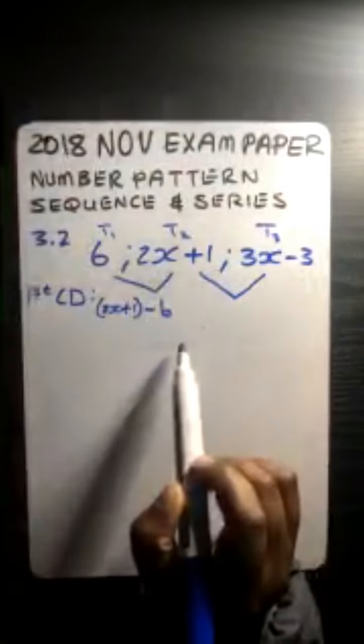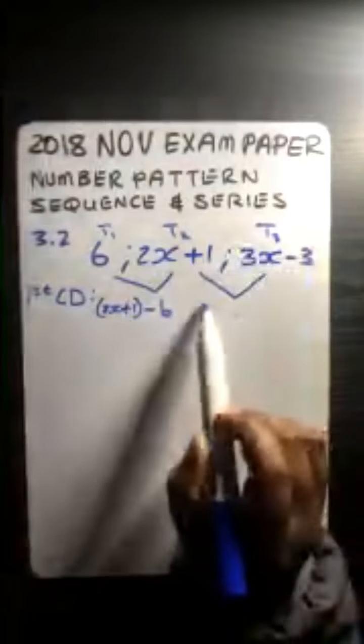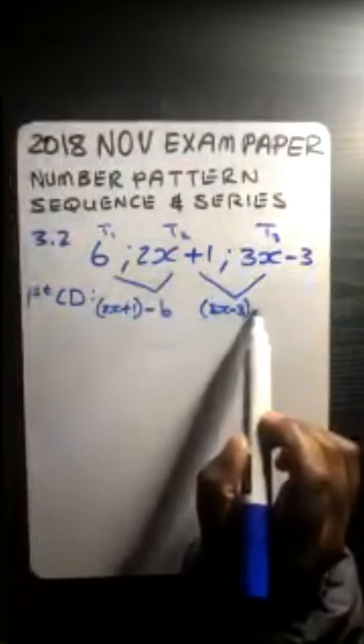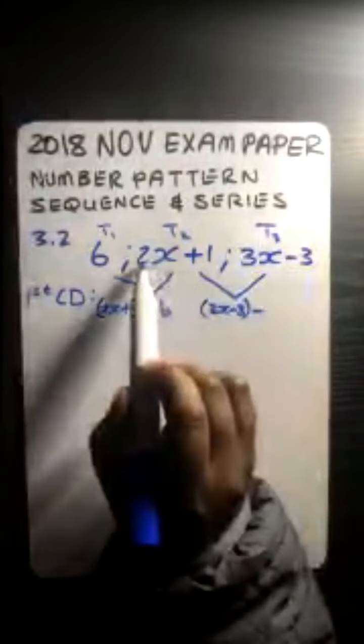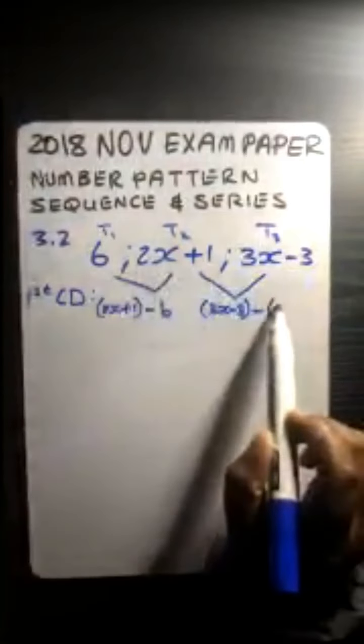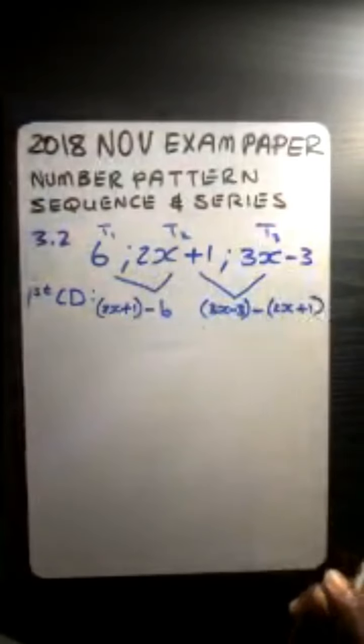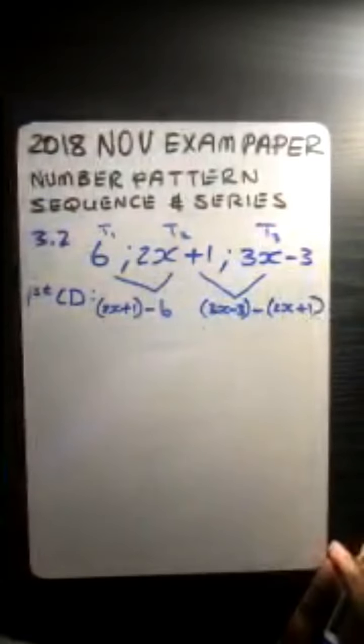And again, we are having 3x minus 3, closed, minus the whole of that. Can you see how careful I am, ladies and gentlemen? I'm putting everything in brackets because I know the importance of having everything inside the brackets.